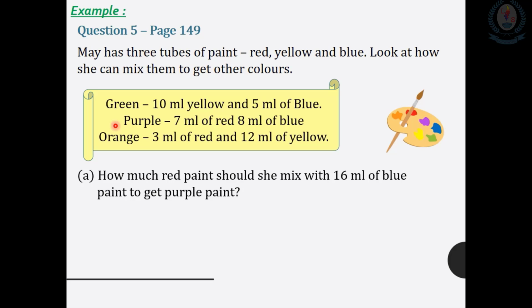How much red paint should she mix with 16 milliliters of blue paint to get the purple paint? So, we will see how purple paint is made. Yes, to make the purple paint, she has to mix the colors of red and blue.